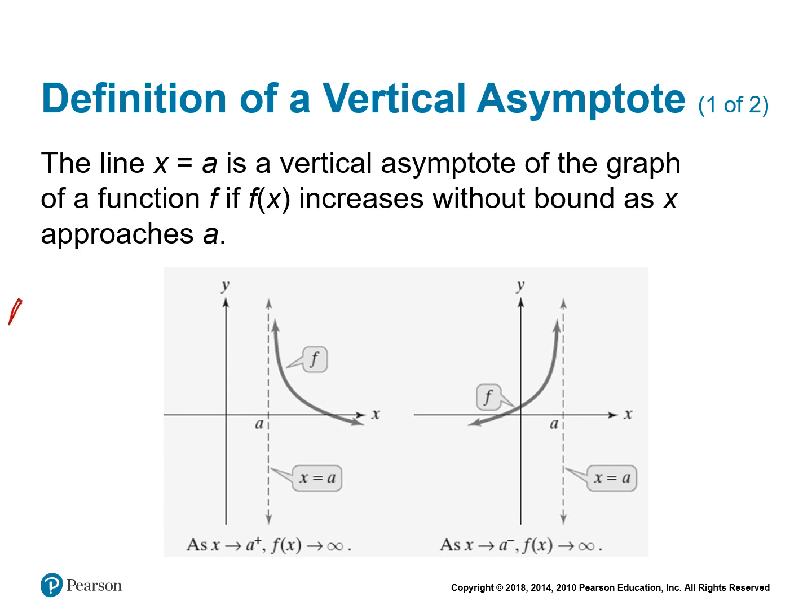So we write: as x approaches a from the positive side. This arrow reads "approaches." Here you see we are moving towards the vertical line from the positive side.